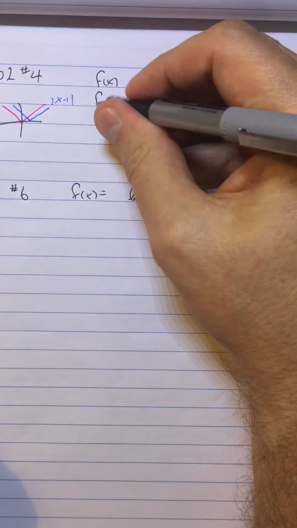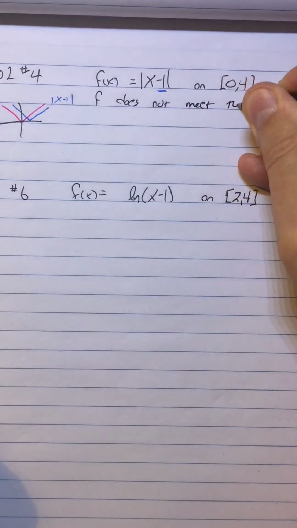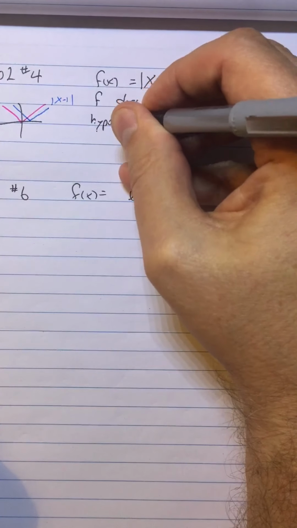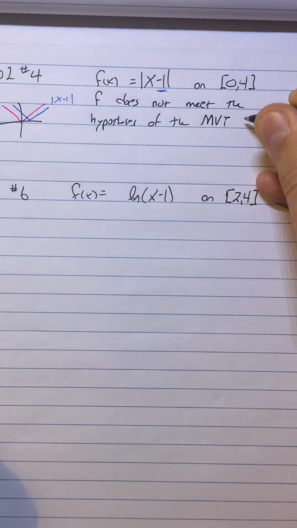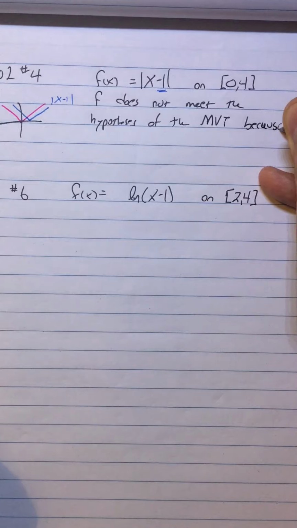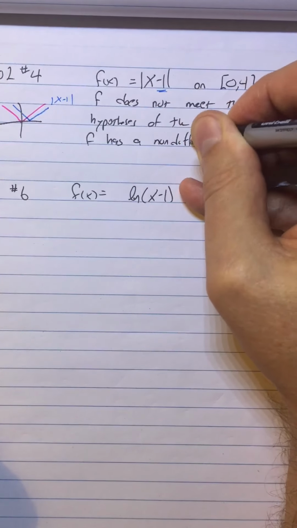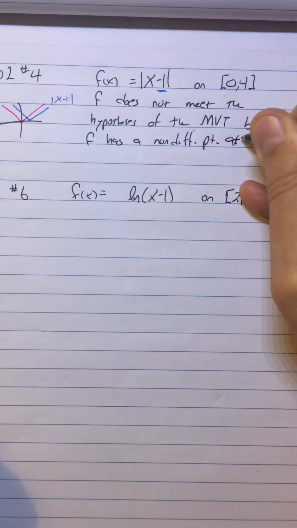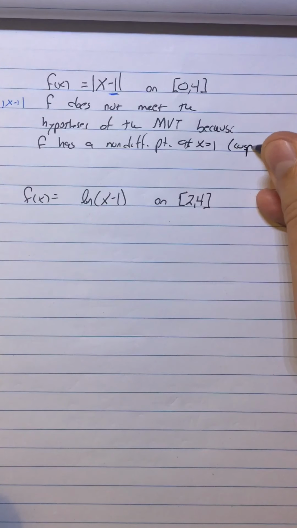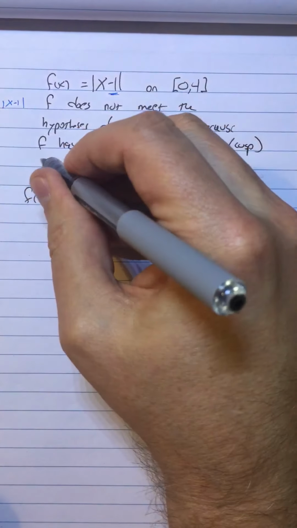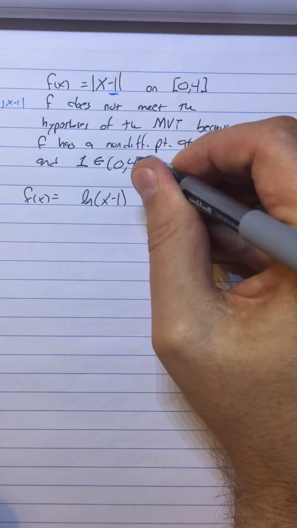So you're going to say f does not meet the hypotheses of the MVT because f has a non-differentiable point at x equals 1, and you could note because there is a cusp there, and 1 is in the open interval 0 to 4.